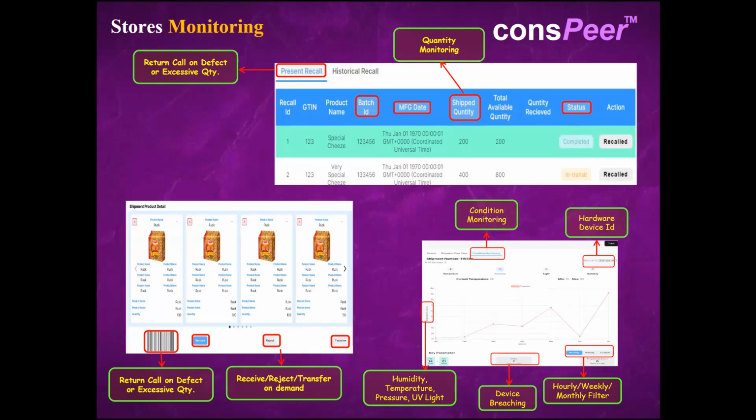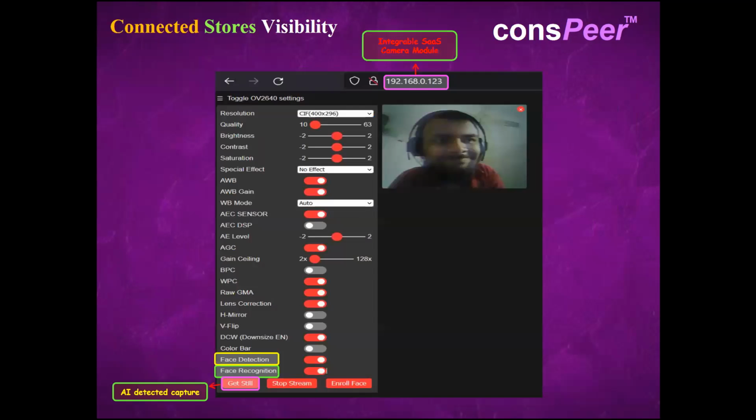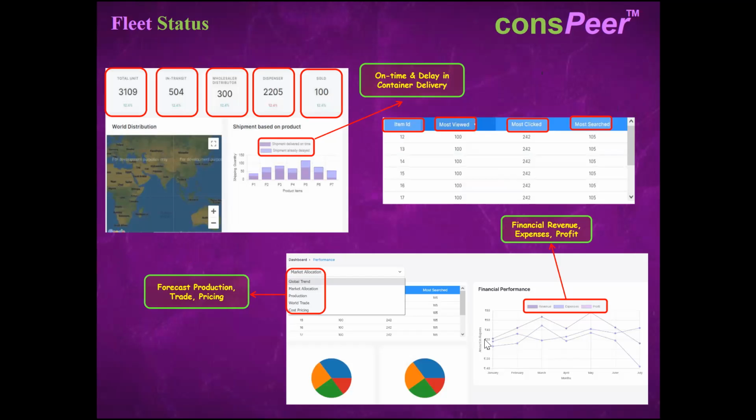Something is sent and it should be recalled based on the temperature, any breaching, or any out of performance issues. Then there is forecast, production, trade experience, and all this is our devices. So this is all.